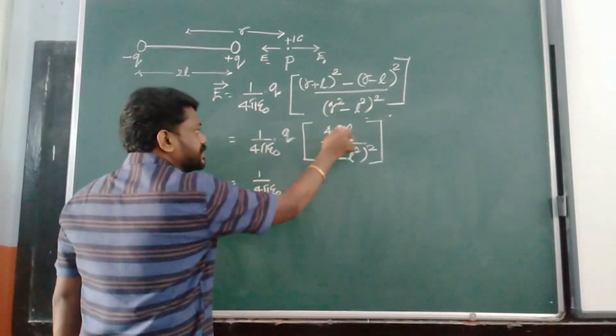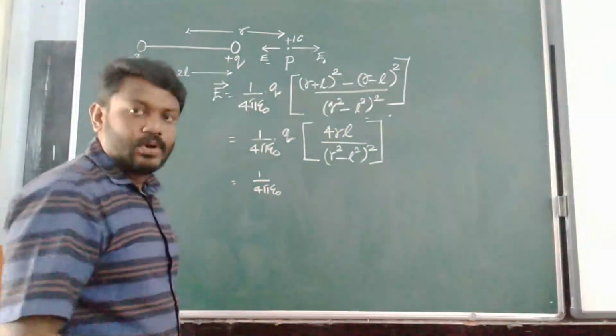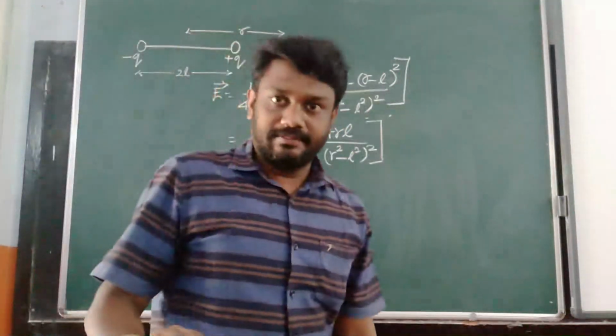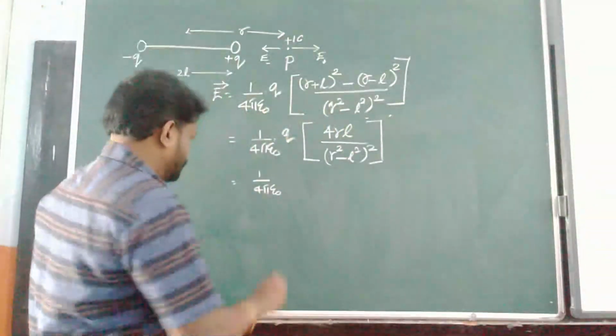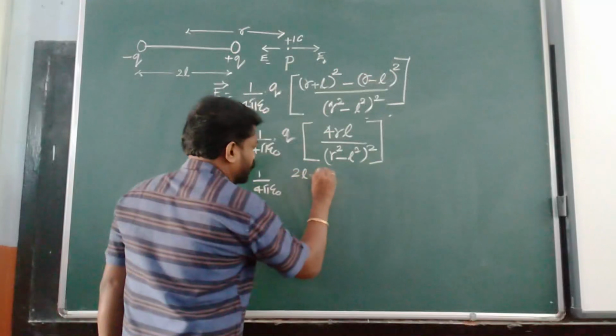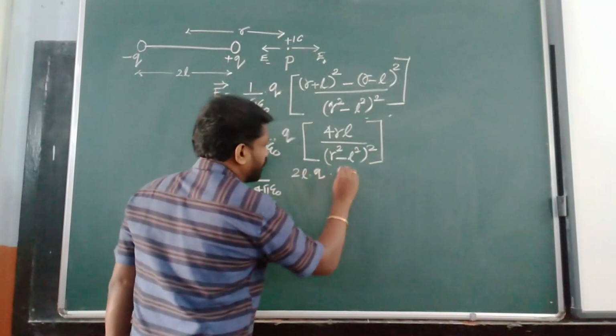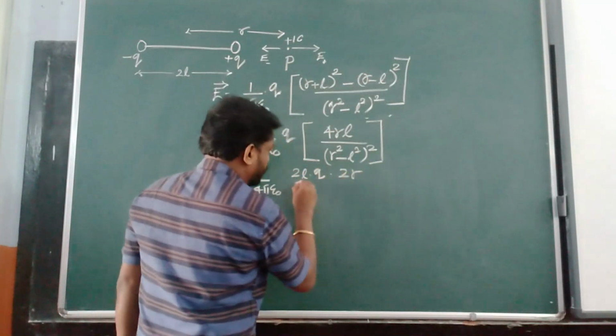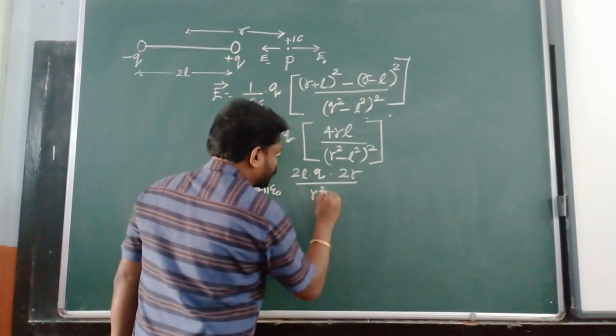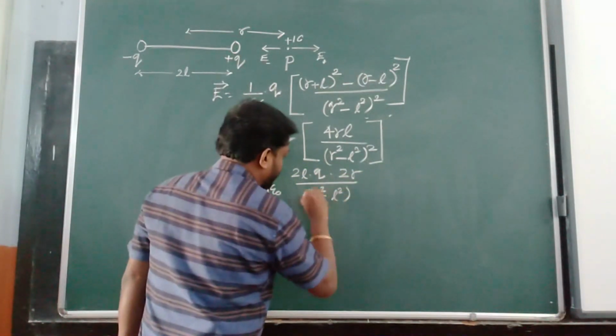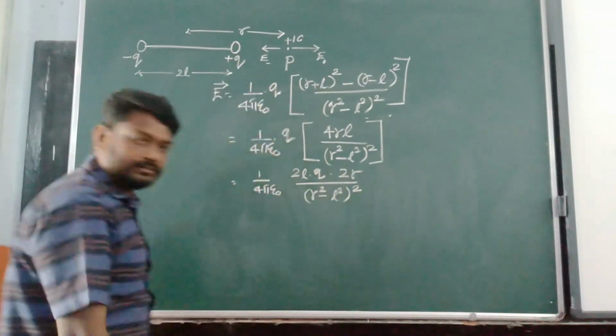I am rearranging this 4r l as 2l into 2r. Okay, no change at all. 2l into q multiplied by 2r divided by (r square minus L square) whole square.